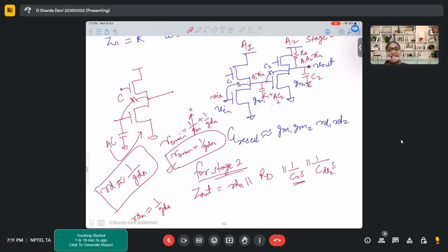Small rd is actually the drain resistance, which we denote most of the time by 1 upon GDN, and capital RD is the external drain resistor used in the CS stage. So those two need to be differentiated from one another.